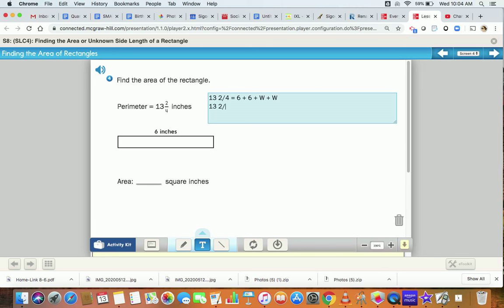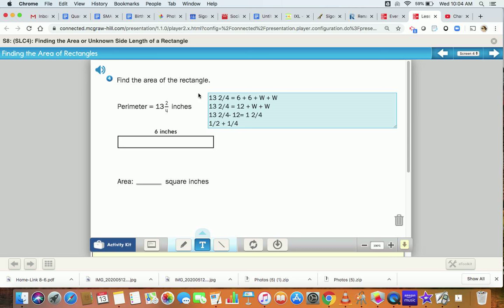So 13 2/4 is equal to 12 plus our width plus our width. So if we subtract that, 13 2/4 minus 12, we are going to get 1 2/4. And then we have to split that in half. So half of 1 would be 1/2, and half of 2/4 would be 1/4.